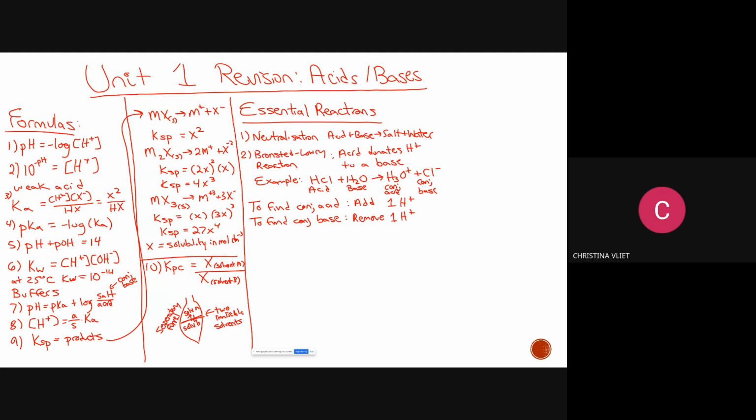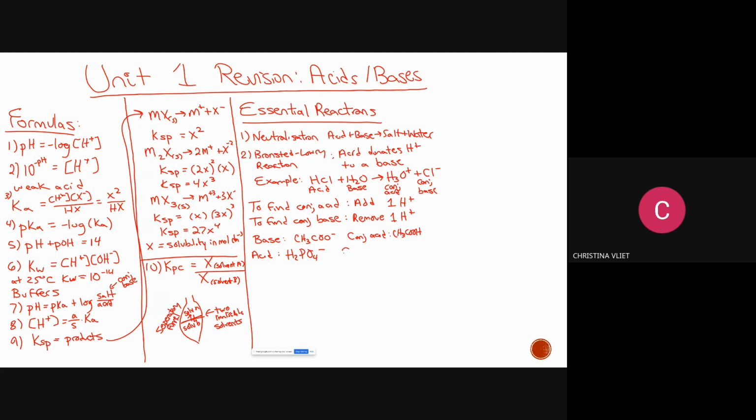What does that look like in practice? So if this right here is my base, and let's say that it's CH3COO minus, what would the conjugate acid of this be? How would we write the conjugate acid? If that's my base, what's my conjugate acid? CH3COOH.